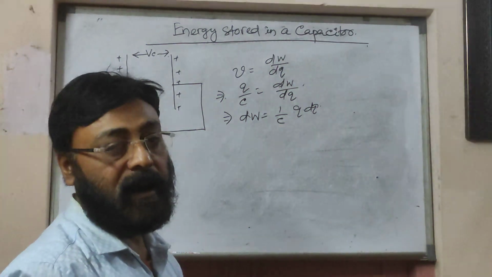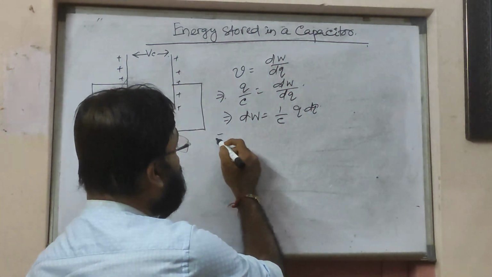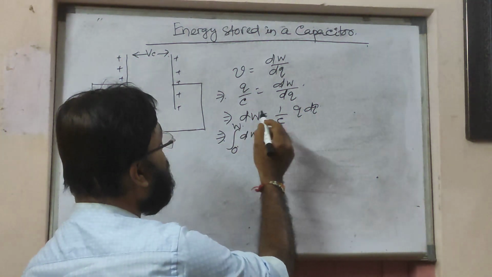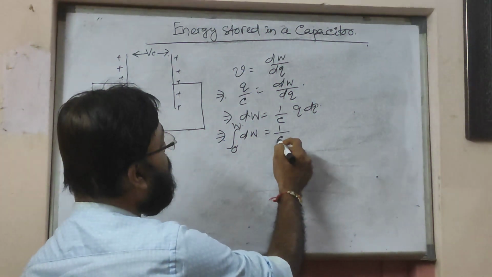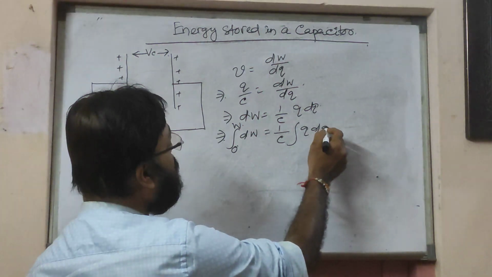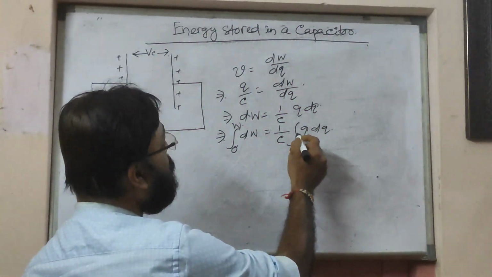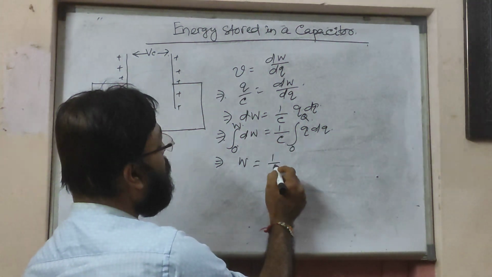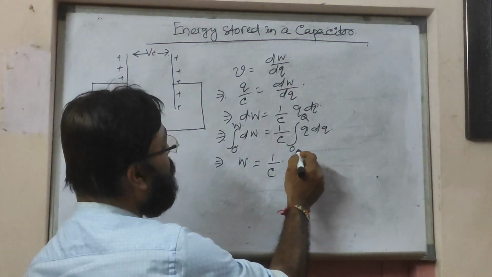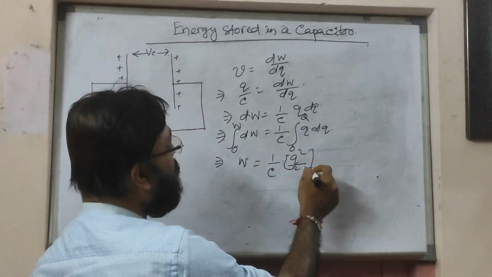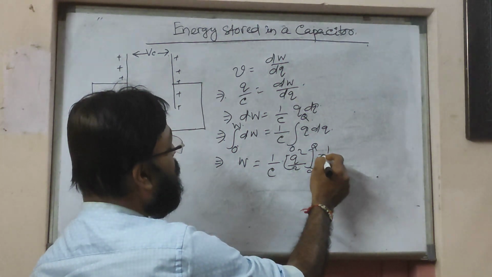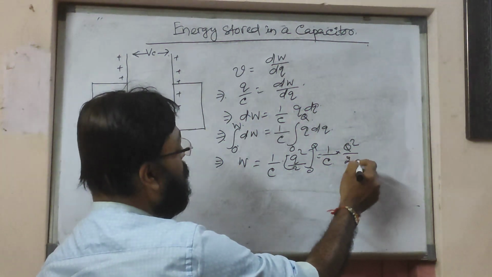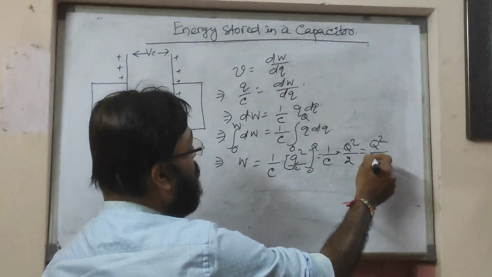Taking the integration on both sides, the integral of dW from 0 to capital W is equal to 1 by C times the integral of Q dQ from 0 to Q. So the work done is 1 by C into Q square by 2, putting in the limits 0 to Q, so it is Q square by 2C.